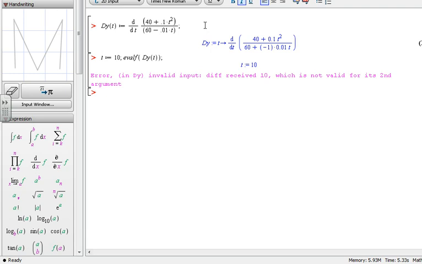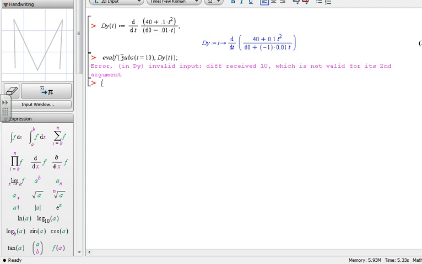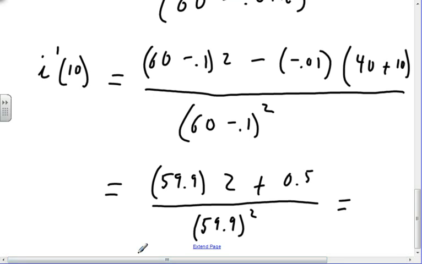Eval subs, t equals 10, comma. Okay, we're done. Just ain't gonna work. Now, why is it? Oh, I know why it is. I use it so seldom that I can't make it work. All right. Yeah, what's the rule? You do it 10 times in a row, it doesn't work, you quit, right?